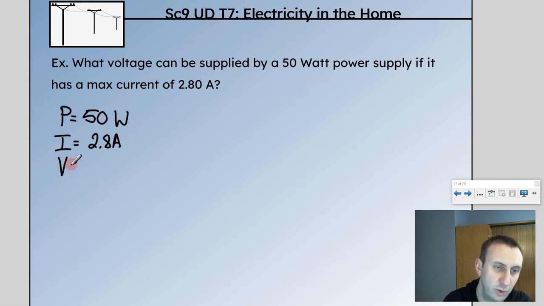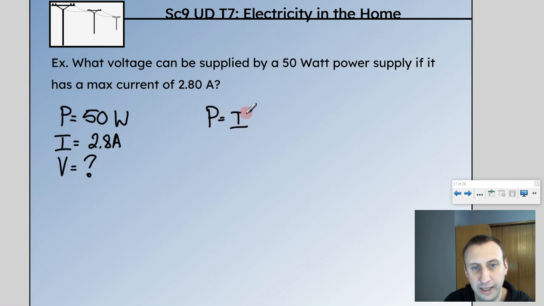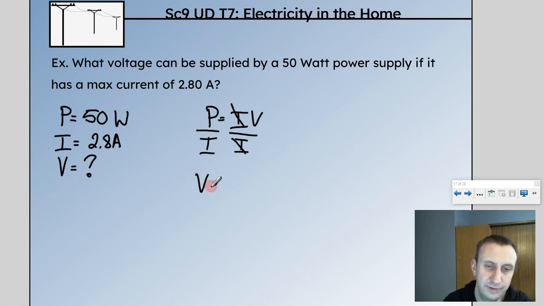And I want to know what my voltage is. That's my question mark. So P is equal to IV. If I want to solve for V, I'm going to divide both sides by I to get V alone. And now I have voltage is equal to power divided by current.